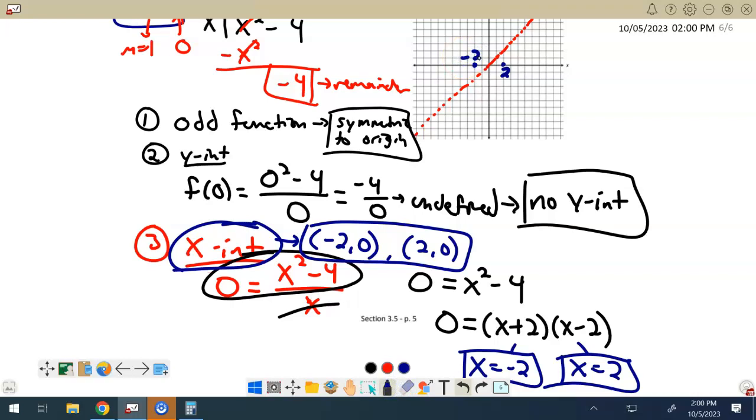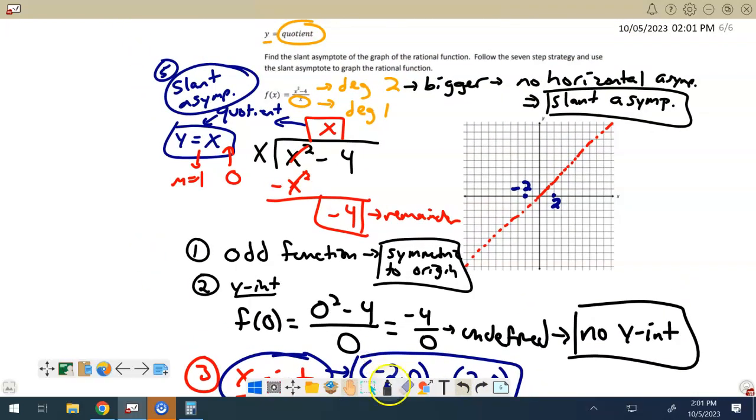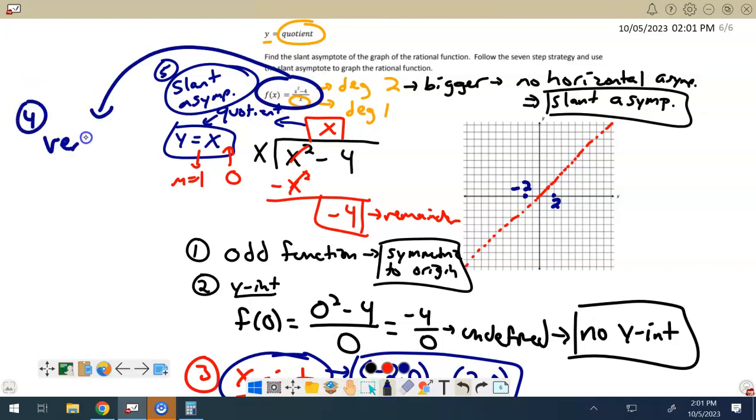We do have a vertical asymptote, so let's maybe jump back up this way to the original function. And so here, the vertical asymptote, this is step 4. Again, there could be more than one, like we had in the last example, but this one will only have one.